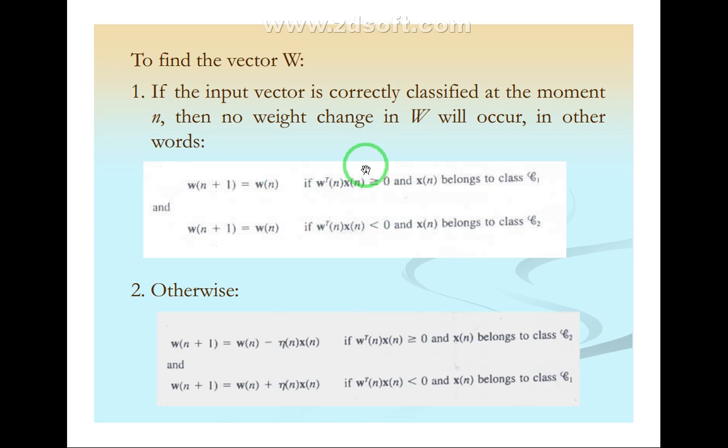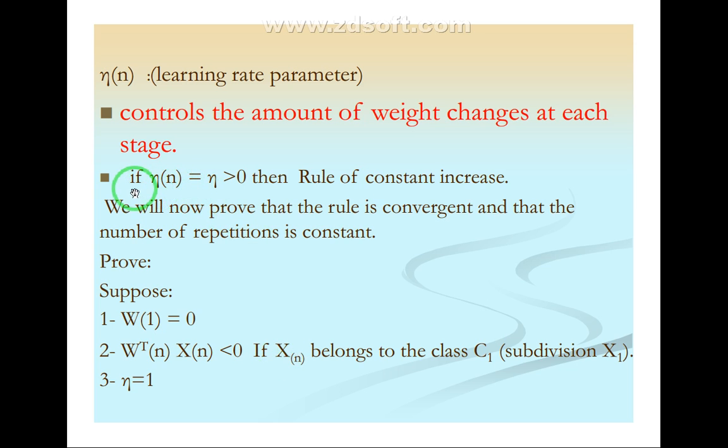This is the change in weights, and it is controlled by the learning rate. So if this is positive, the rule is constant, and we will now prove that the rule is convergent and that the number of perceptron iterations is constant.